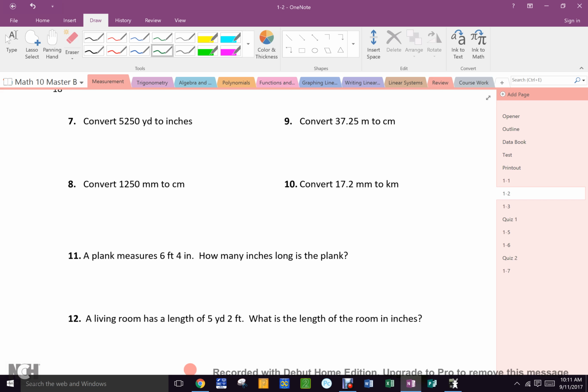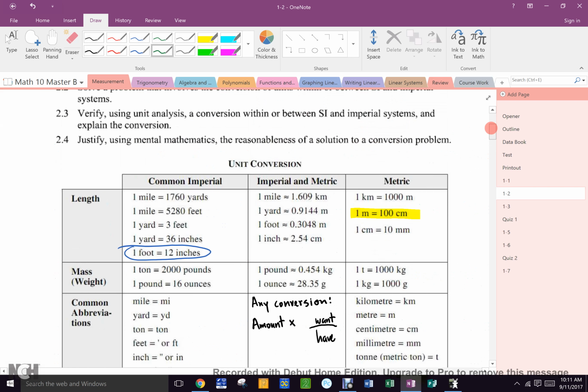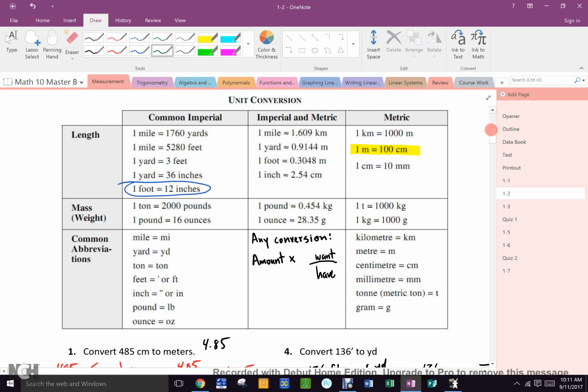Now, what happens if we don't have a direct conversion? So by that I mean here. I've got yards to inches. So when I look on my chart, does that one exist? No. It actually does. It's right there. Yards to inches. So we're going to be okay, right? So let's try that one.